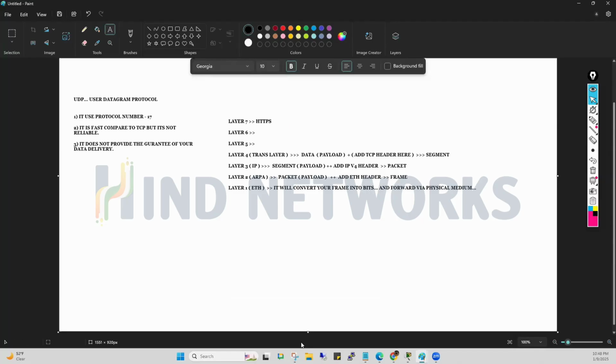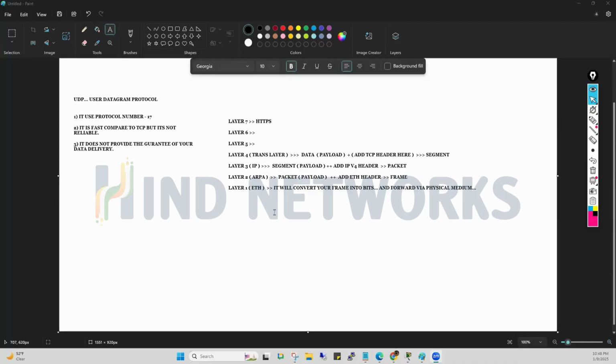I hope everyone understands the complete information. This is the way our packet will be encapsulated. And this is the benefit of the OSI model, because in the OSI model we have different layers. At different layers, we have clear understanding of how the data is encapsulated and how the data will be decapsulated.